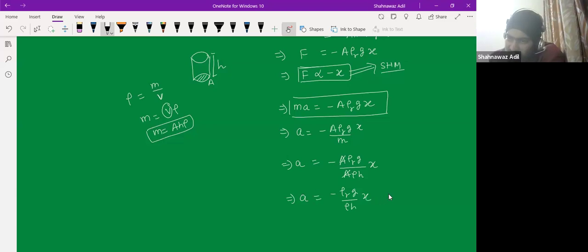So what is the general solution? The general solution is minus omega square x. Right, guys? Yes, sir.